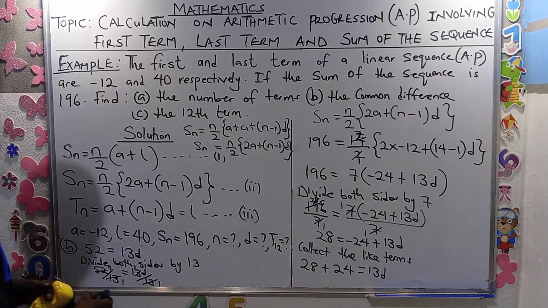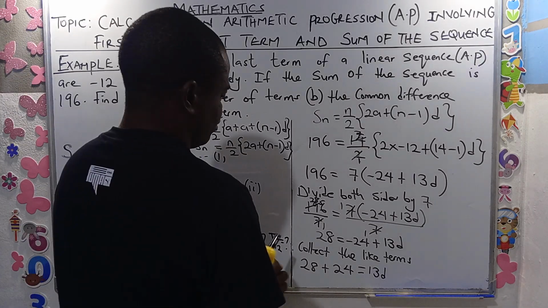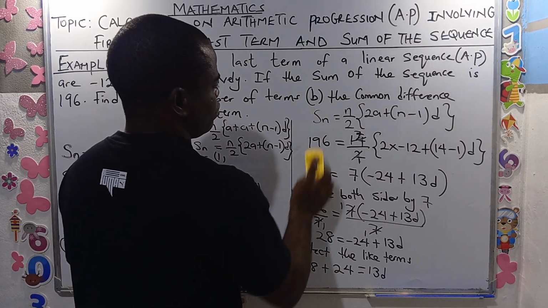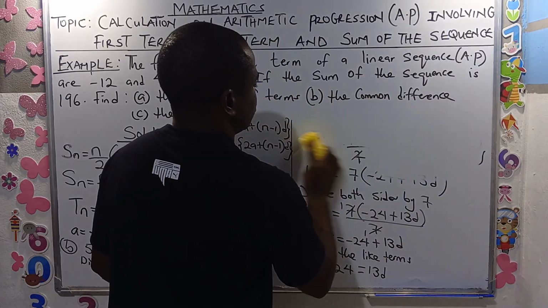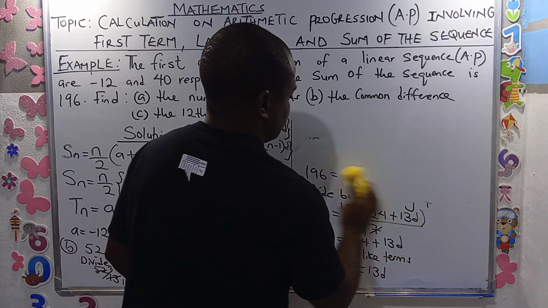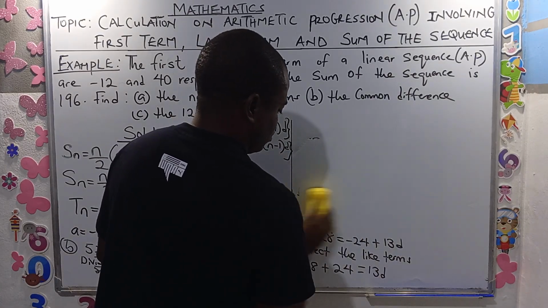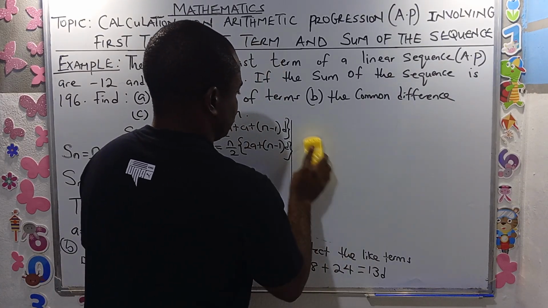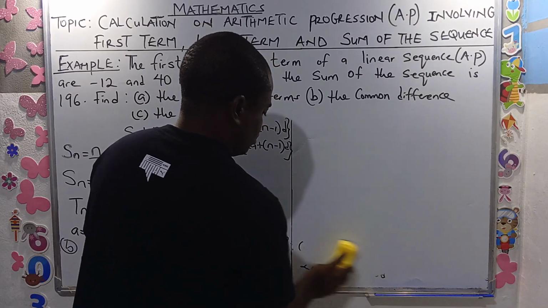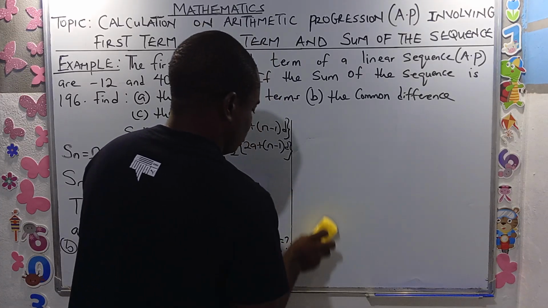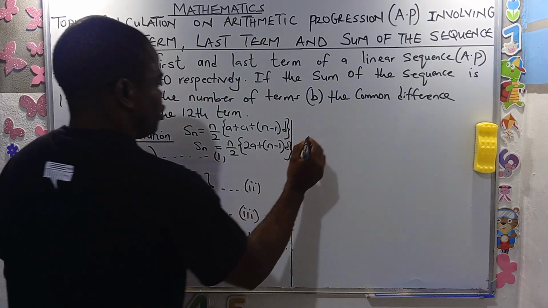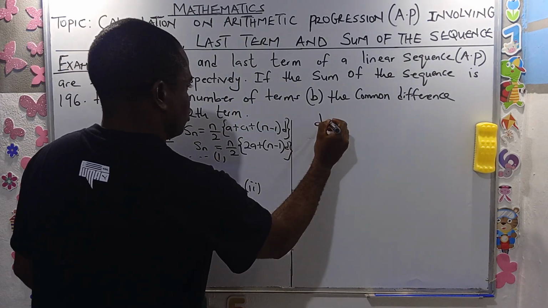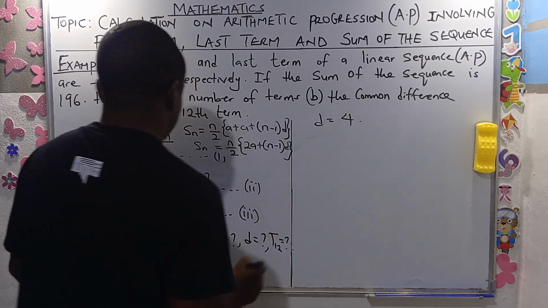Okay, now for your common difference, you have your common difference d to be equal to 4.